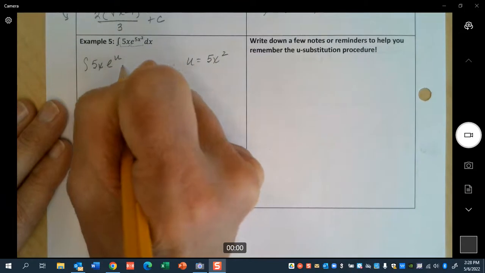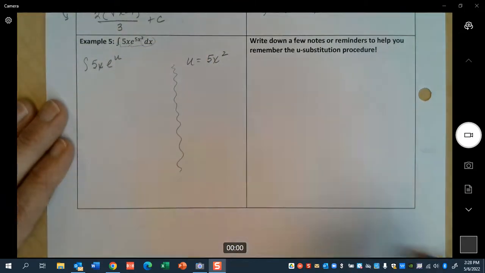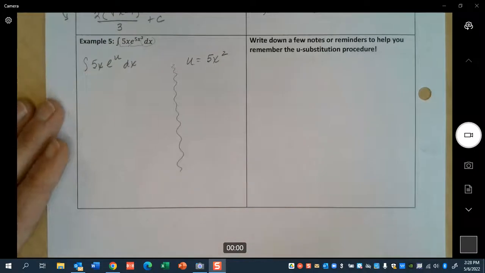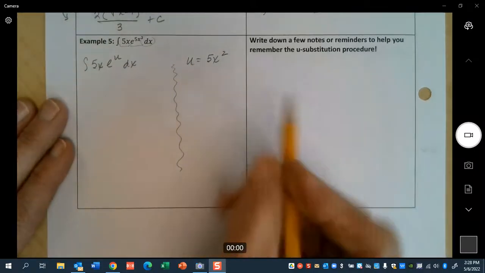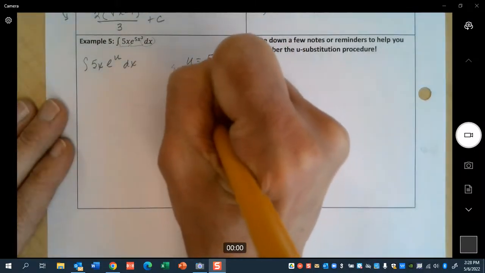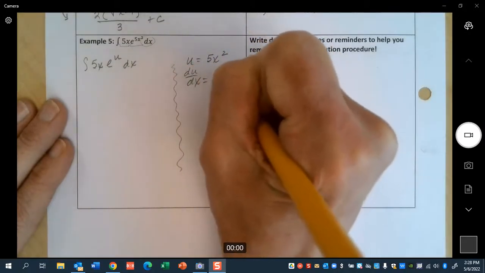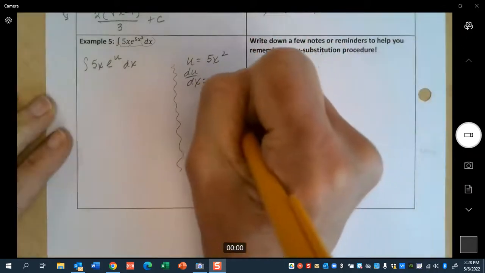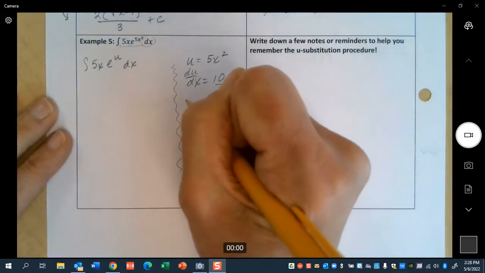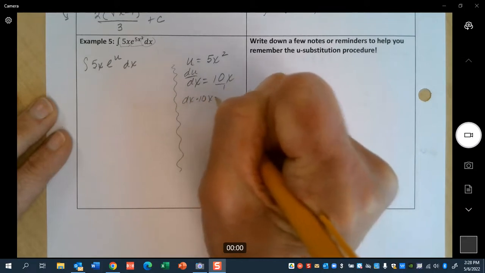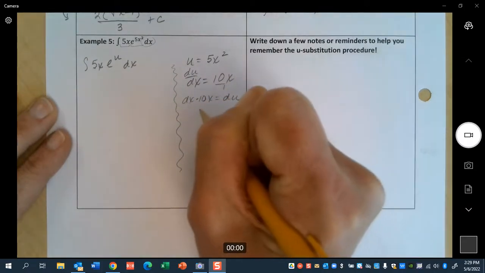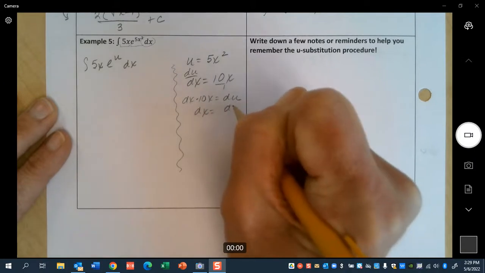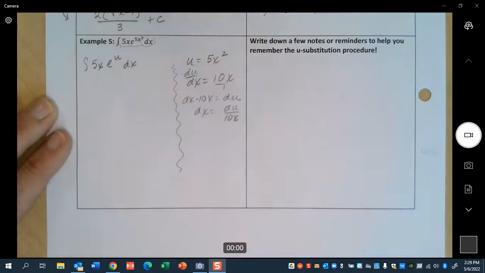And instead of writing dx, I'm going to figure out what dx is equal to in terms of u. So du dx is equal to, you okay with 10x? Dx times 10x is equal to du. Dx is equal to du divided by 10x.